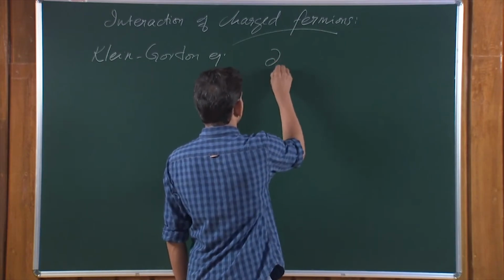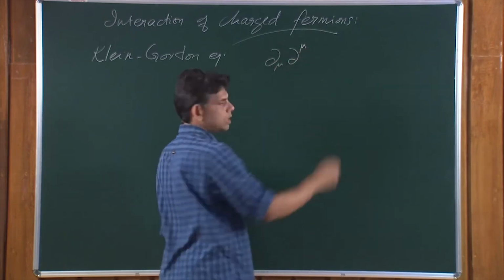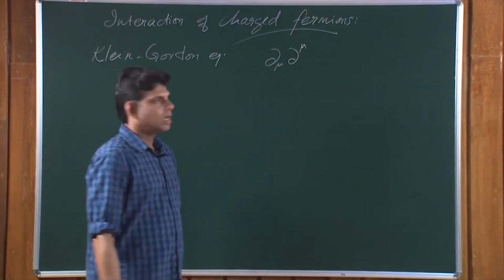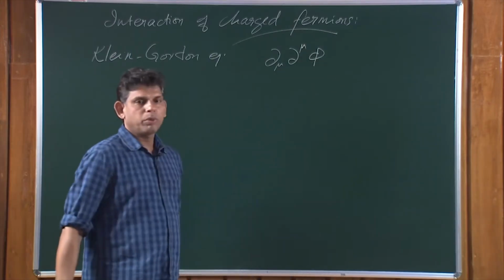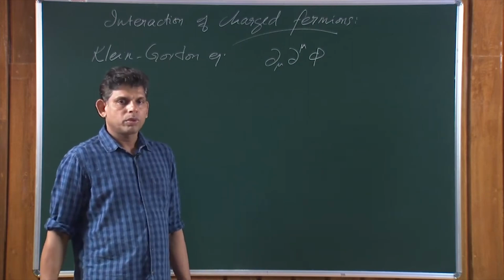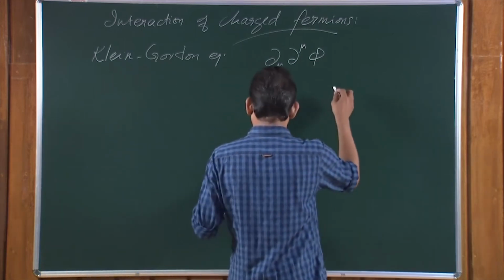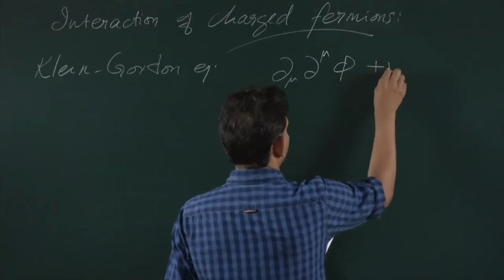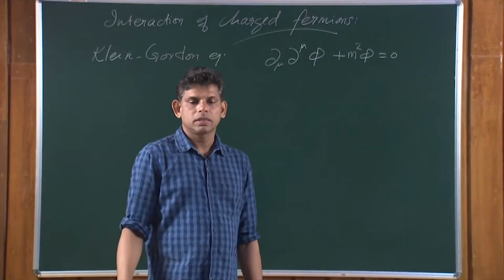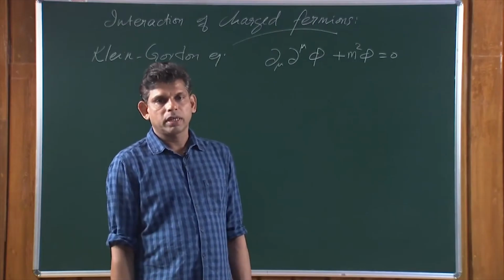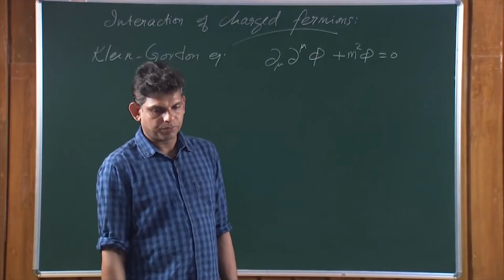So, in the notation that is now familiar to us, I will write this as dou mu dou mu phi plus m square phi equal to 0, where phi is the wave function that represents the charged particle.